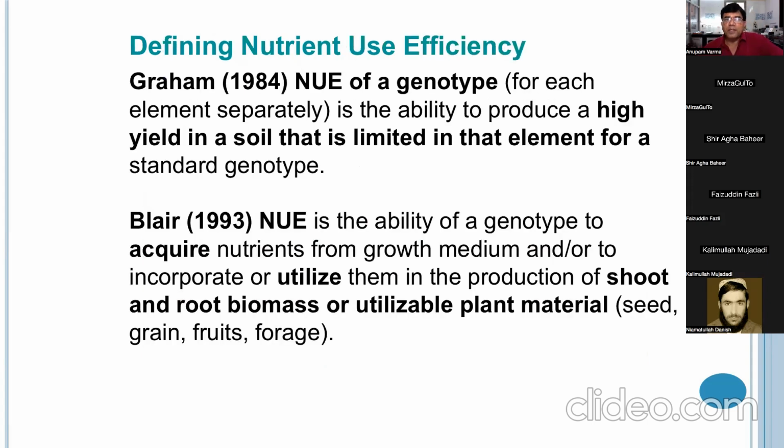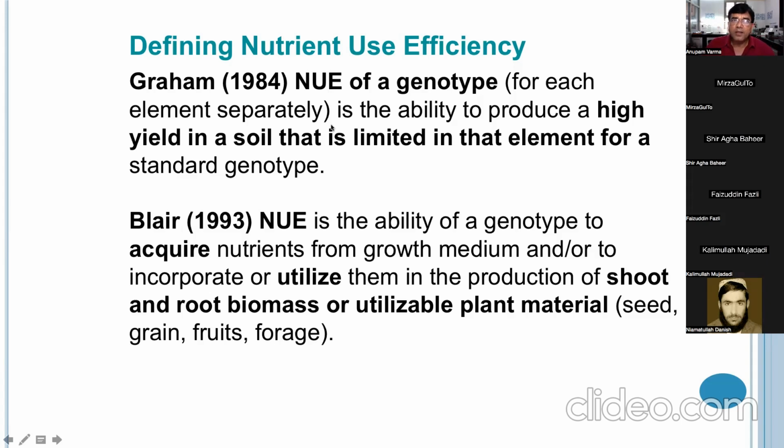Now you see how to define nutrient use efficiency. Again, I repeat that this nutrient can be nitrogen, phosphorus, sulfur, or any nutrient. Graham defined nutrient use efficiency of a genotype for each element separately. It is the ability to produce a high yield in soil that is limited in that element for a standard genotype. If you try to understand this definition, nutrient use efficiency may be different for different genotypes, and for different nutrients.